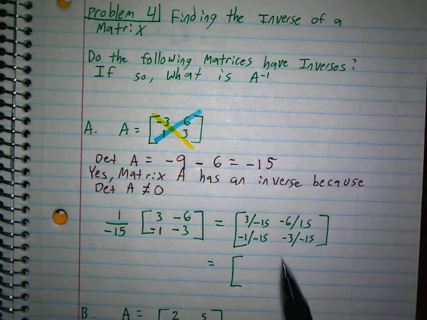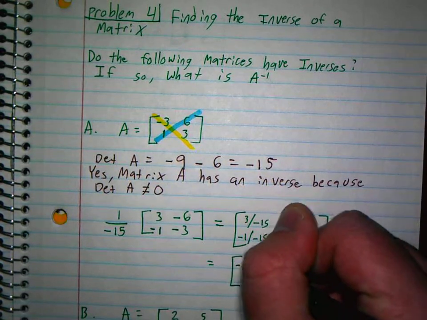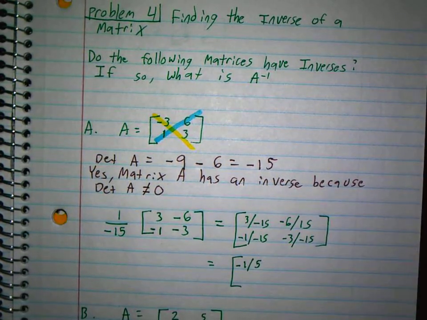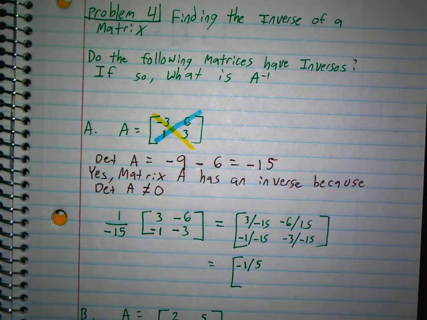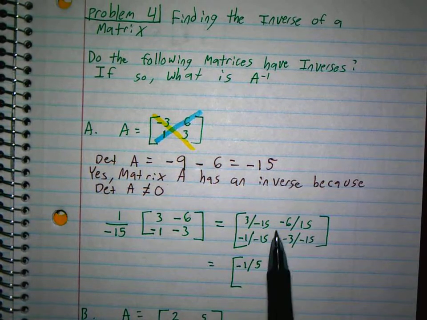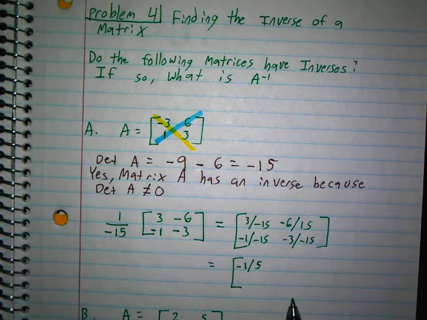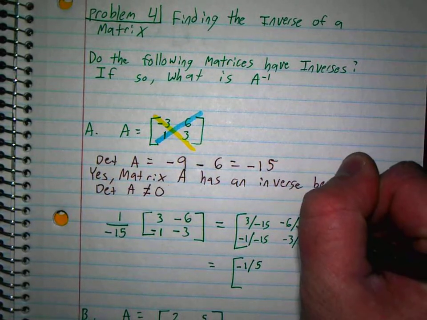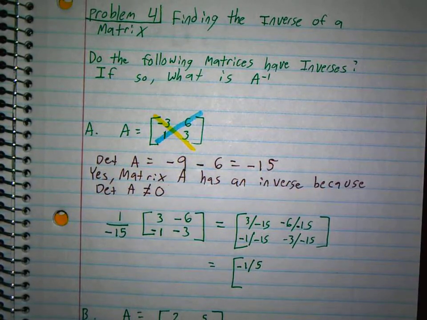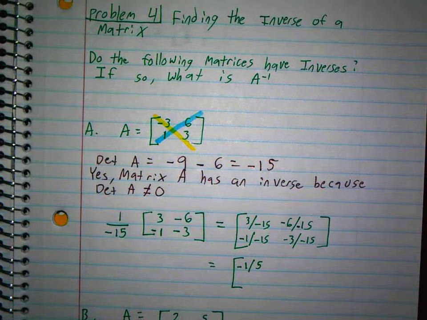Is that right? Correct? And most of the time you bring the negative up to the numerator, it just looks nicer. And then -6 divided by 15, ooh, I forgot my negative. -6 divided by -15 makes a positive, right? The 3 goes in, so it'd be 2 over 5.